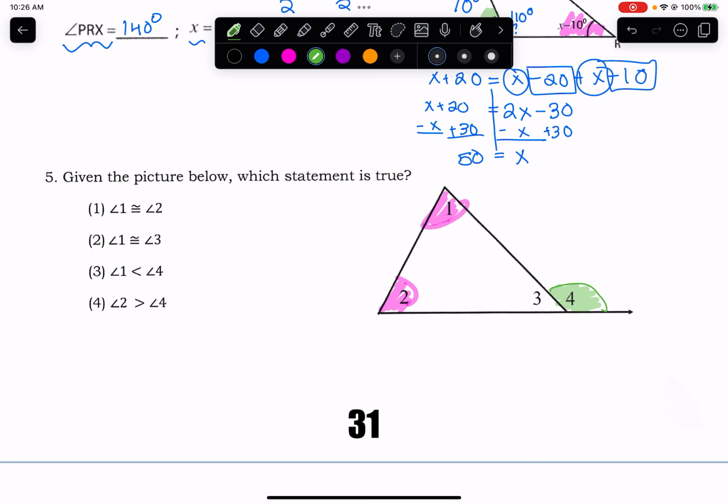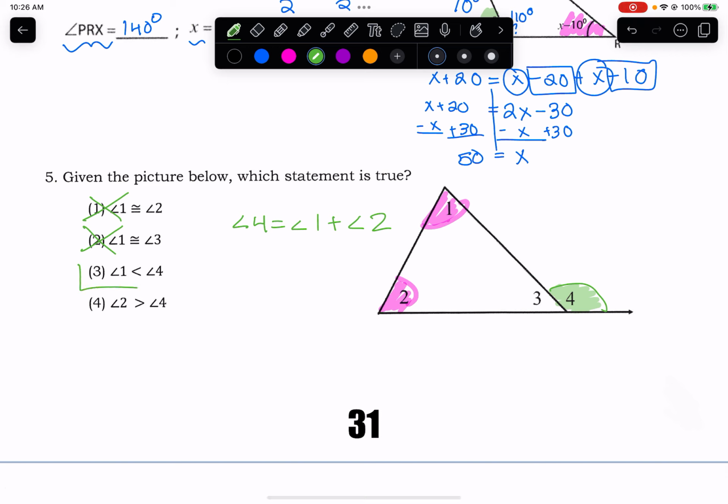They did not tell me that angle 1 and angle 2 are the same, so I can cross those off. They also did not tell me anything about angle 1 and angle 3. Now they're talking about angle 4. If I know that angle 4 is equal to angle 1 plus angle 2, angle 4 must be bigger than both of these because it's taking your original angle and adding something to it.